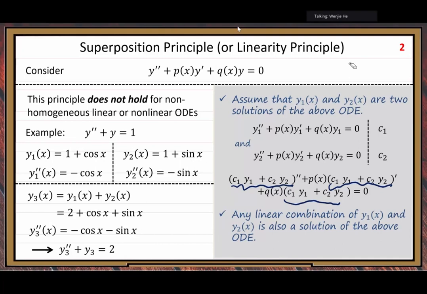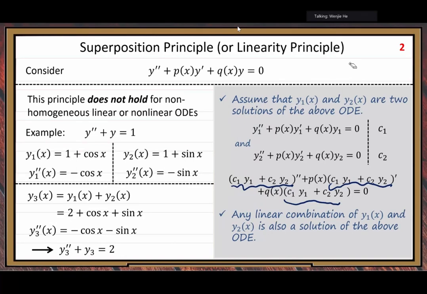So you know the meaning of linear, right? So what is a linear ODE? Our first slide, we explained 3 rules. Homogeneous, that's 0, right-hand side 0. Under these 2 conditions, then we have the linearity principle.